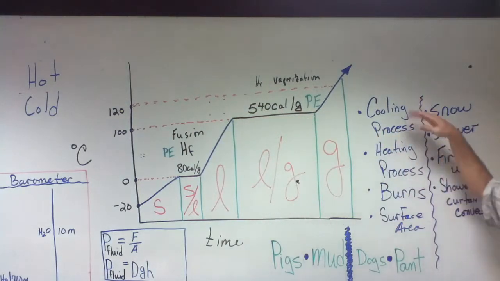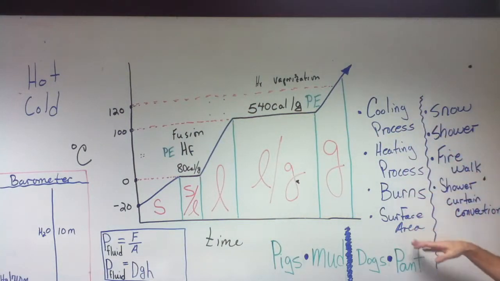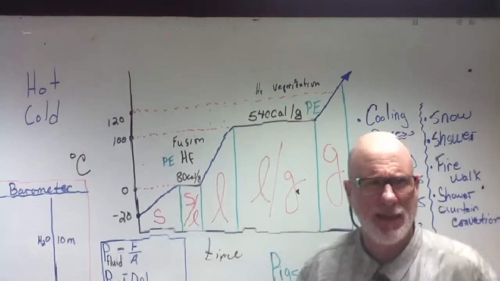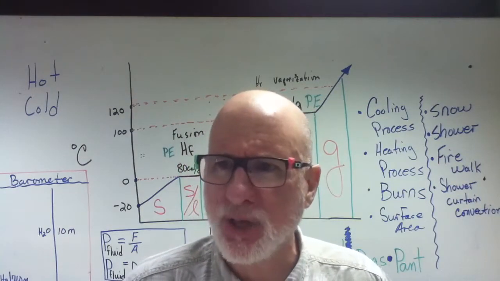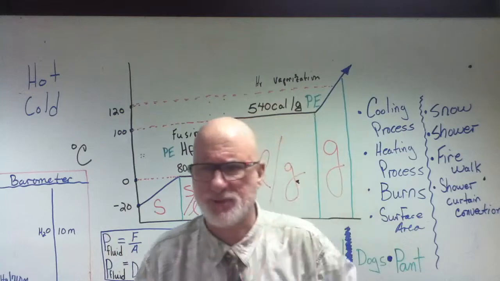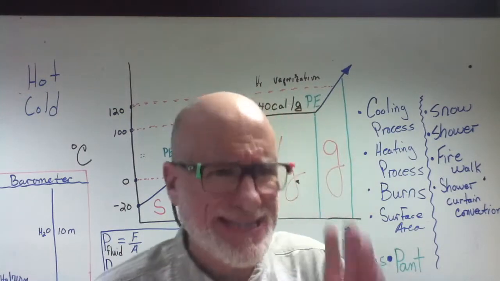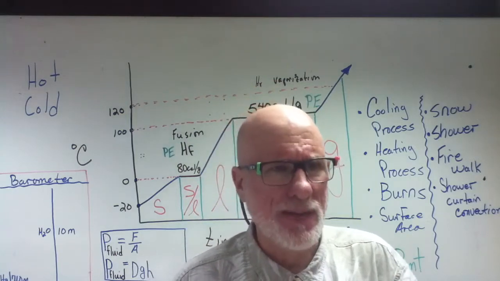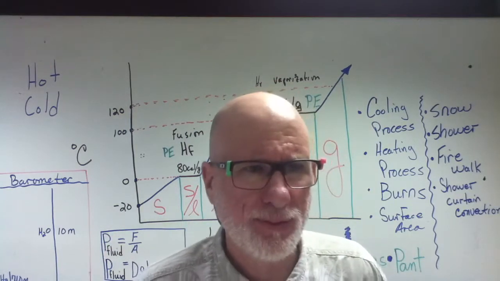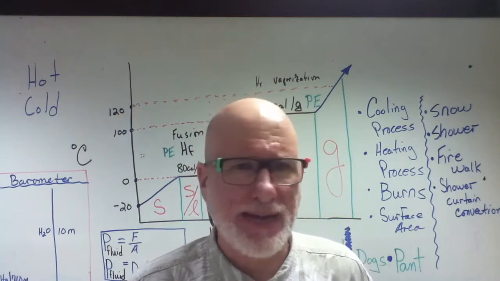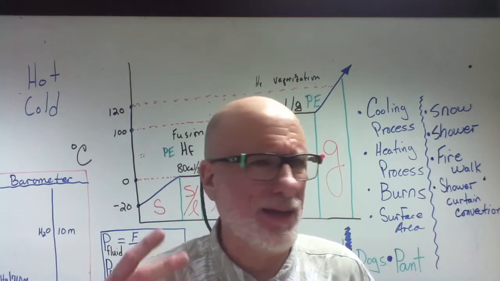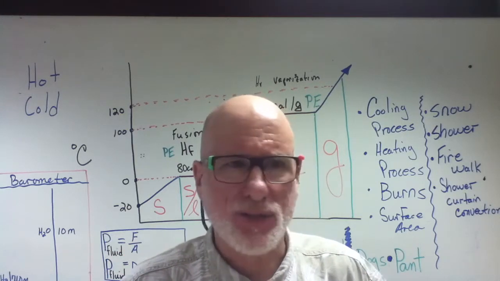So we looked at cooling process, heating process, burns, surface area. What does that mean? Surface area. I have an ice cube. I'm going to take an ice cube and melt it. Now instead, I'm going to take a second ice cube and I'm going to crunch it up. What's going to melt faster, the crunched up ice cube or the solid ice cube?